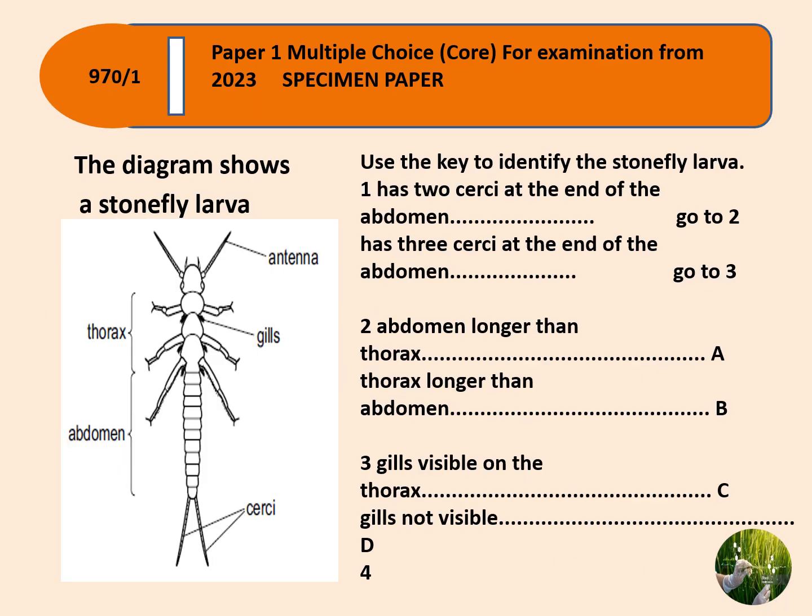This is again a multiple choice question from the specimen paper 2023. Now there is a stonefly larva and you use a key to identify the stonefly larva.